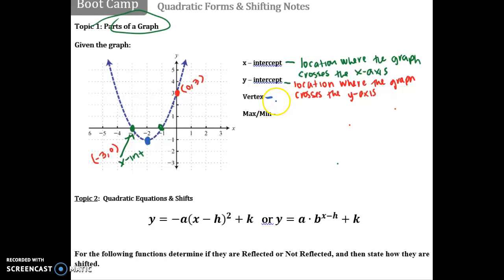So your vertex is the place where the graph changes direction.